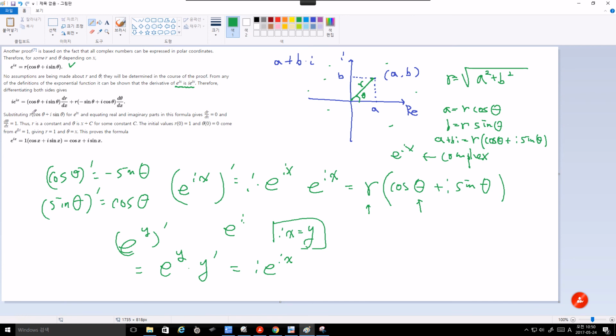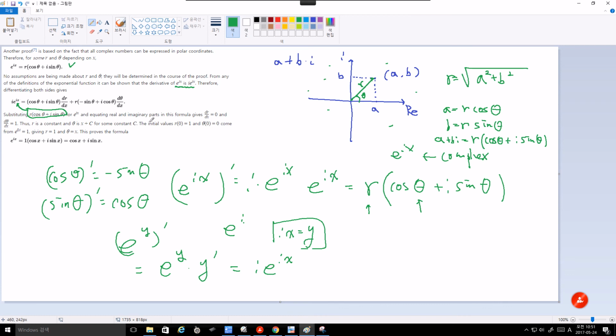Now, substituting r cosine theta, we can plug this into the right-hand side and then compare the left-hand side to the right-hand side.